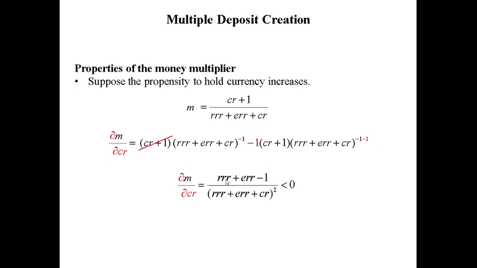Now, the reserve requirement ratio is usually about 10%. And the excess reserves ratio in normal times is close to 0. So we have something close to 0 plus 10%. So this sum here is about 10%, or 0.1. 0.1 minus 1 is going to be negative. So this whole thing is negative. So again, we have a negative partial derivative here.